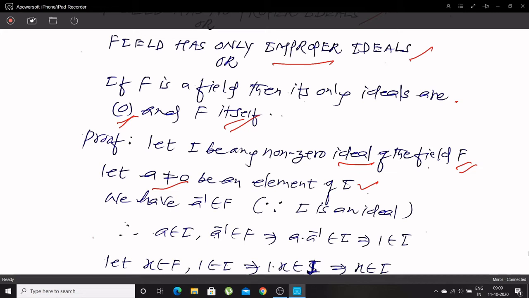Here, a inverse belongs to F, and a belongs to I. Therefore, their product a times a inverse belongs to I. a times a inverse means unity, that is 1 belongs to I. Let me recall here: a inverse belongs to F, and since I is an ideal, their product belongs to I only.